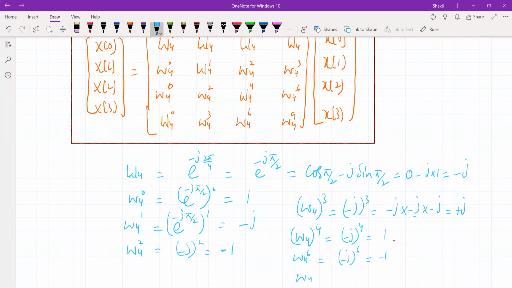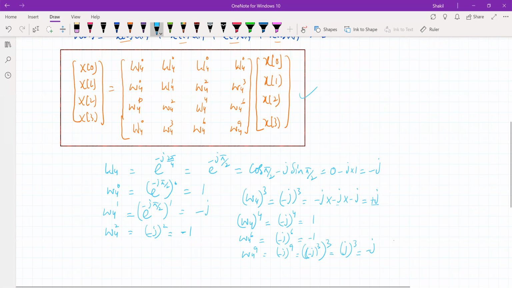And W4 raised to the power 9 is minus j raised to the power 9, which equals plus j. Please check the terms whether I have done it right or wrong.